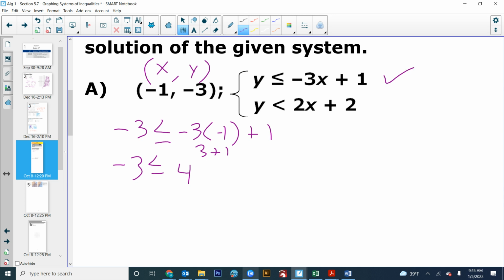In other words, that point would be in that inequality's area of solution. Now, we got to make sure it satisfies the second one. -3 is less than 2 times -1 plus 2.